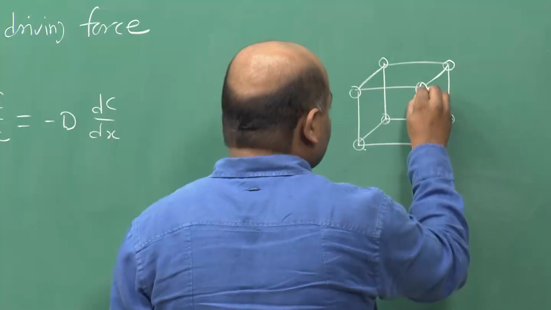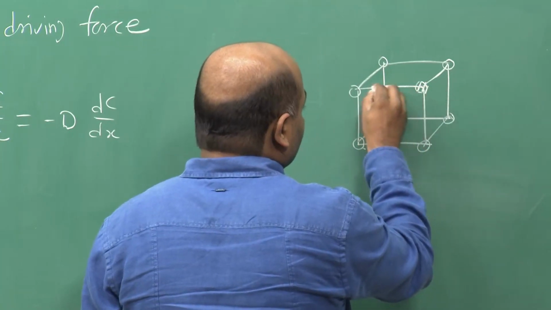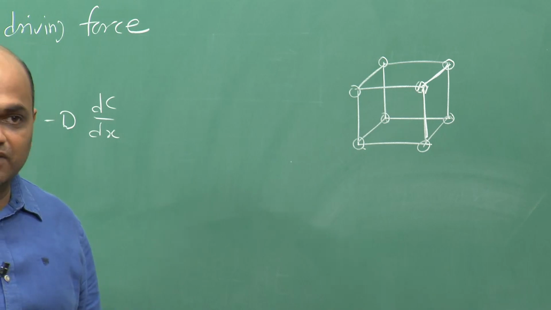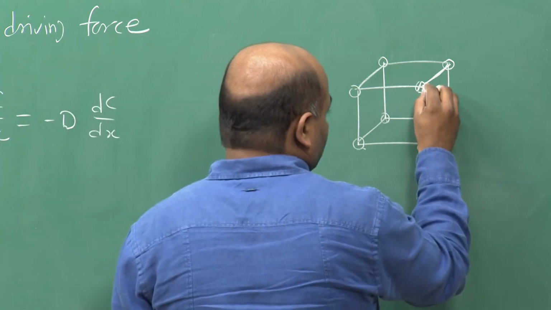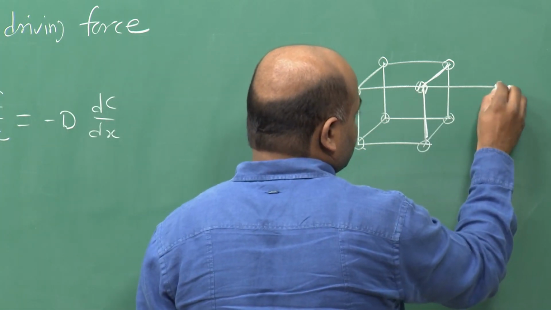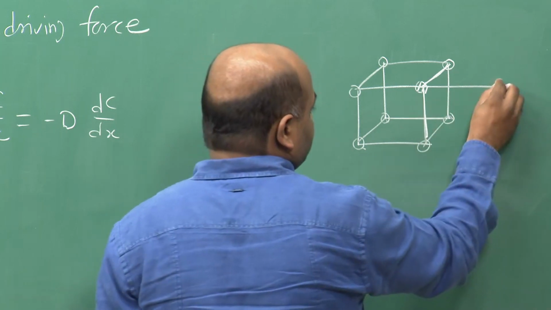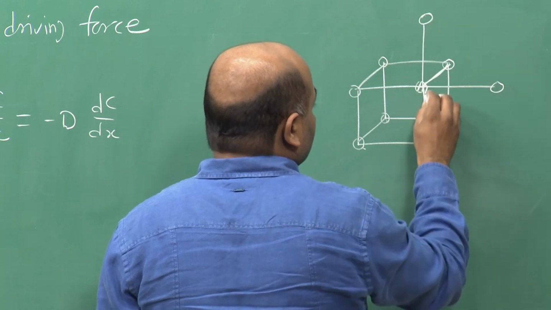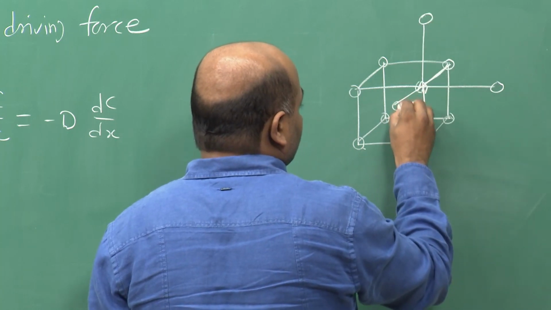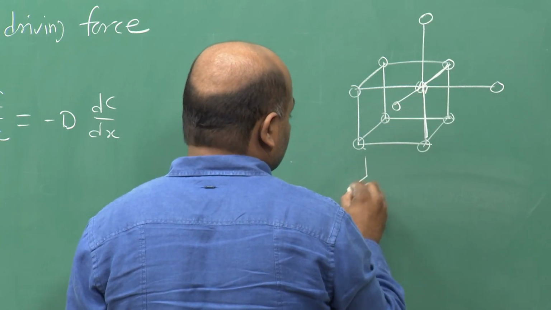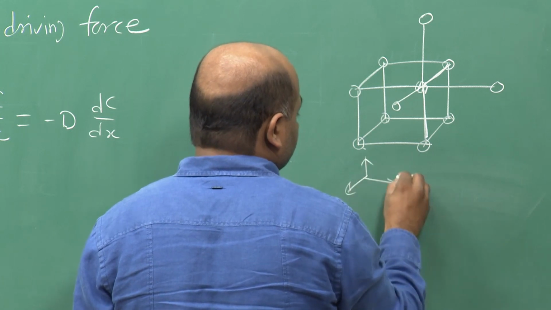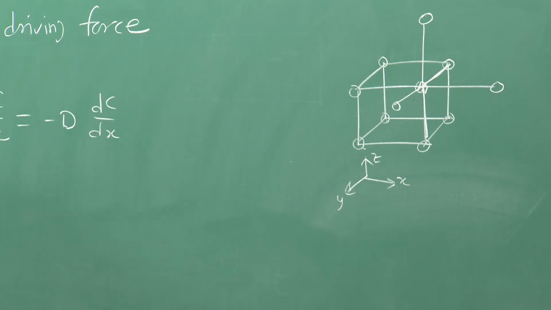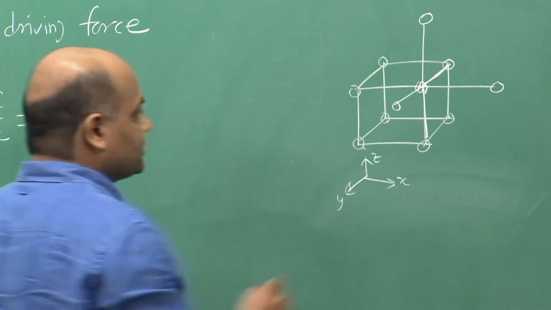So, if we consider this atom, it can jump either onto this side or this side, or there will be 3 more: one atom in plus x direction in this cube, one atom in plus z direction, and an atom in plus y direction, if we consider this as x, y, z. Right. So, there are 6 possible jumps.